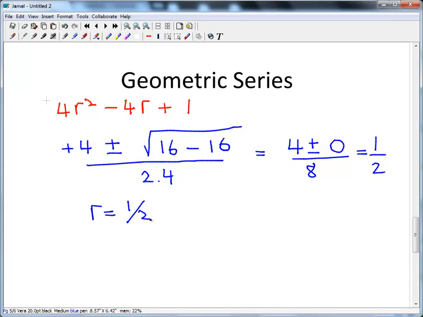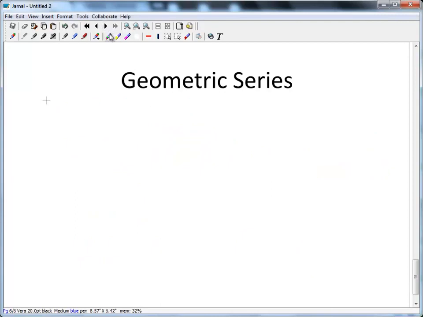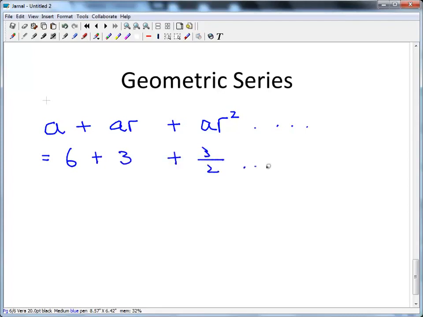What does that make a? Remember, a times r is equal to 3. That means a times 1/2 is equal to 3, and that means a is equal to 6. So that's it all done. a plus ar plus ar squared, and so on, is equal to 6 plus 3 plus 3 over 2, and so on.